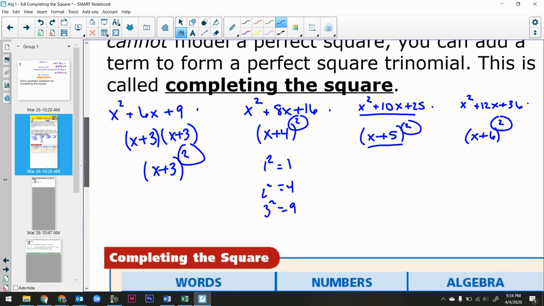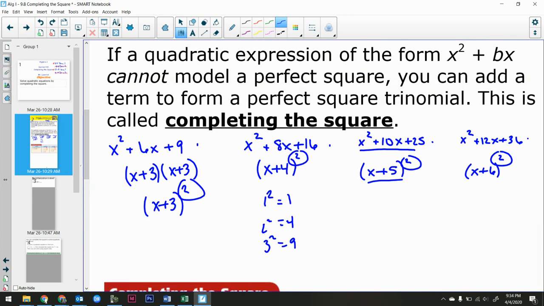Before scrolling down, we could take a look and see what's the relationship between this and this, that number down here and that number up there, 3 to 6. Well, that was double. What's the relationship here? 4 to 8. Same relationship? Yep. Same relationship? Yes.